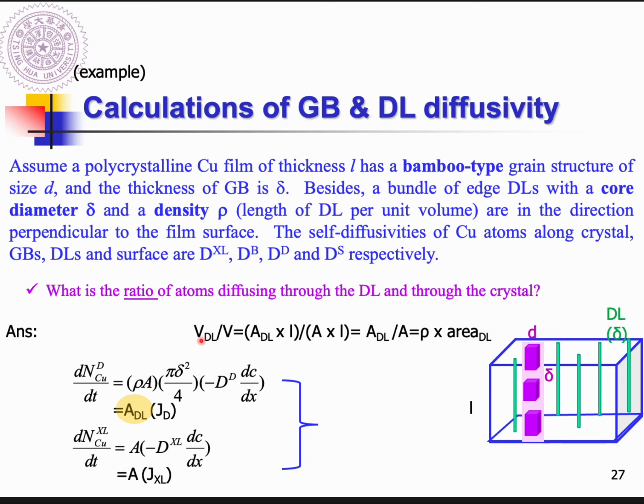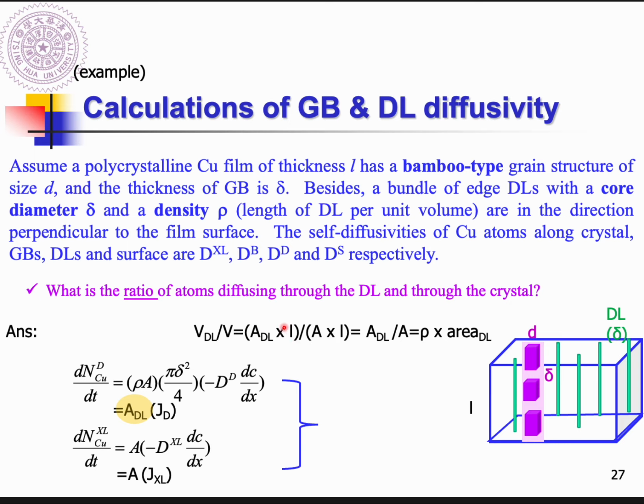you can write this down: V dislocation divided by V equals A_d L times L thickness divided by A times L. A times L is the volume of these materials, and A_d L is the volume of dislocations.